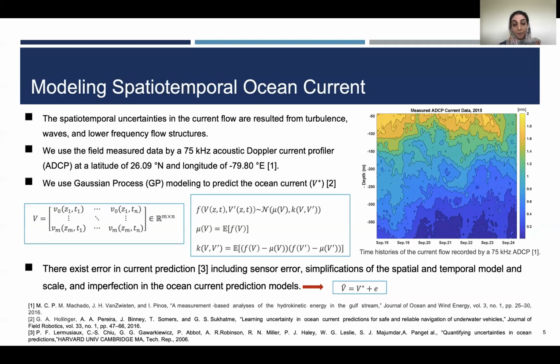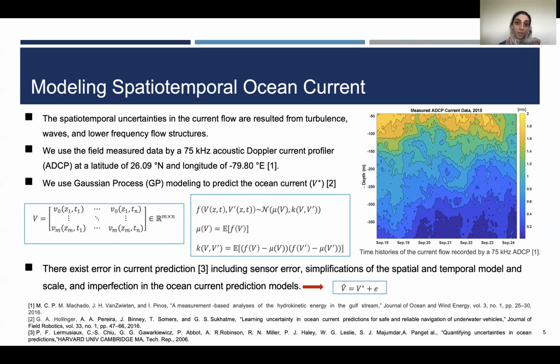First, we should model the ocean current. There are lots of spatiotemporal uncertainties in the current flow, which result from turbulence, waves, and lower frequency flow structures. To model that, we use real data, and this real data is recorded in the Gulf Stream. So we apply Gaussian process modeling to predict the ocean current and model this environment.